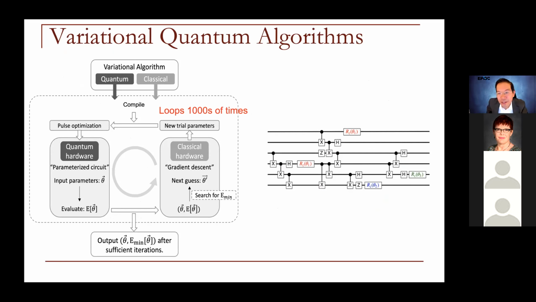And so, if we look at a variational algorithm, right, for those of you who aren't familiar with them, it's a cooperative algorithm where a classical algorithm uses a quantum kernel and loops thousands of times or even millions of times and repeatedly calls that quantum kernel, right?